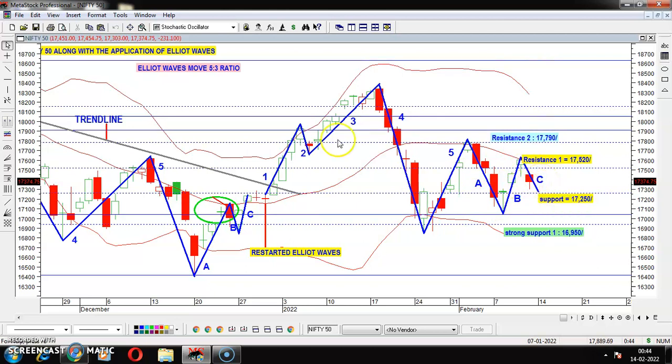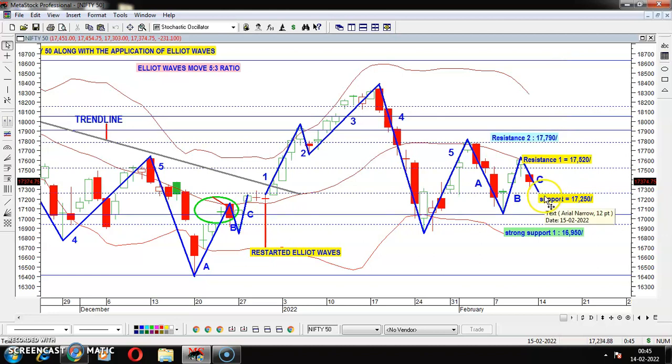Now, the question is that Elliott waves, I have told you, generally move in the market in a 5:3 ratio. These are the last corrective waves. It means as long as these waves continue, there is a possibility of more correction downwards as far as the Nifty is concerned. I mean, if this last corrective wave, marked as C over here, continues to retreat towards the downside, then there is a possibility of the Nifty correcting downside, right?